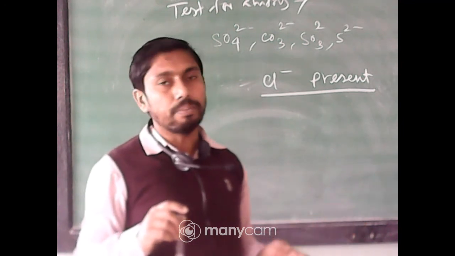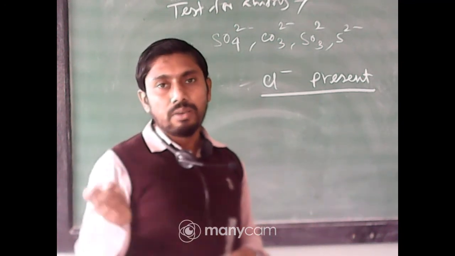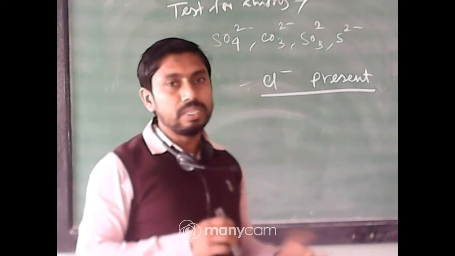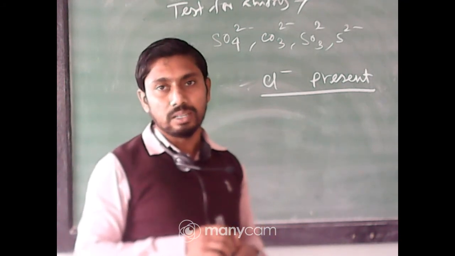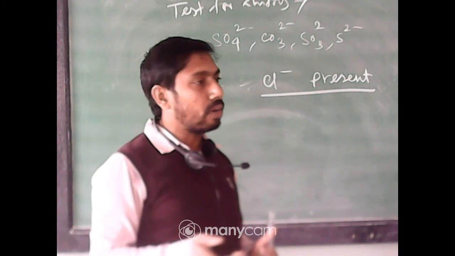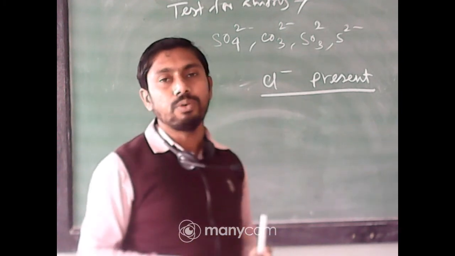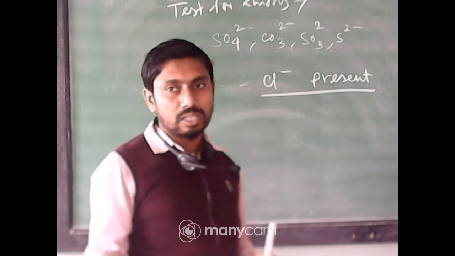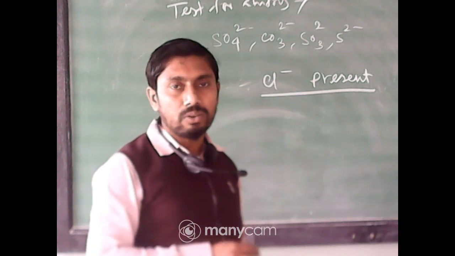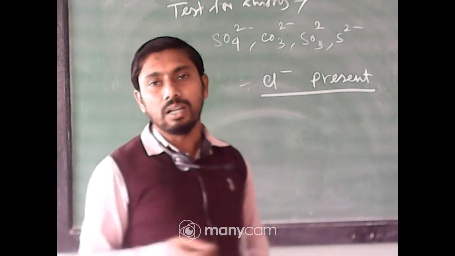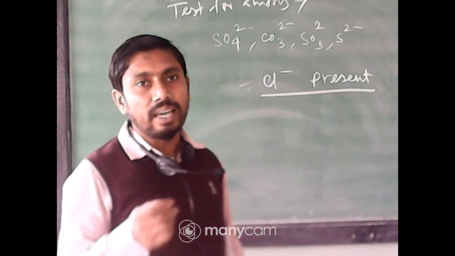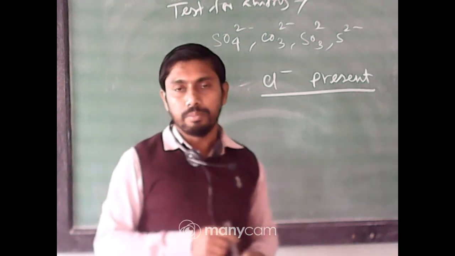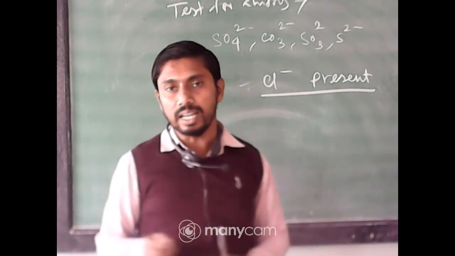For example, if iron is present, then ferrocyanide should be added. If zinc is present, ferrocyanide should be added. Aluminium, direct test for aluminium, that is NH4Cl, NH4OH, and then dissolving the precipitate in dilute HCl and then adding blue litmus on this, and again make the medium basic, that is adding NH4OH.